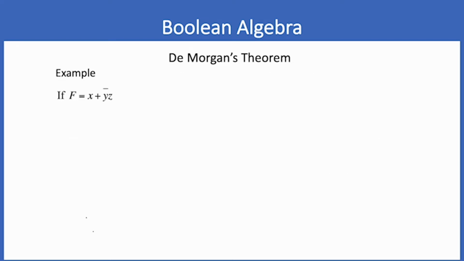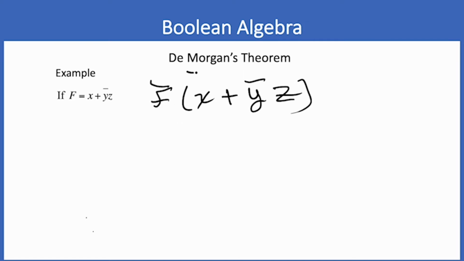Well, let's do this one here. If we want to find the complement of this function, the function complement is equal to x plus y bar z, and we take the complement of the whole function over the complete expression.